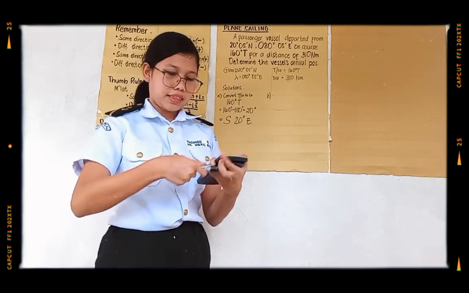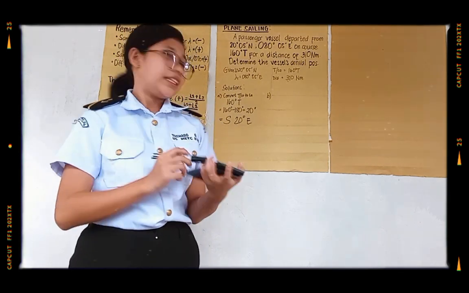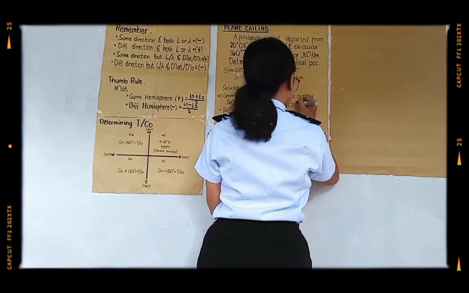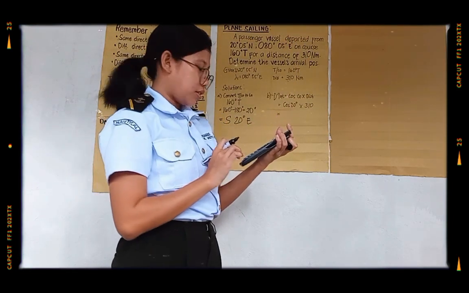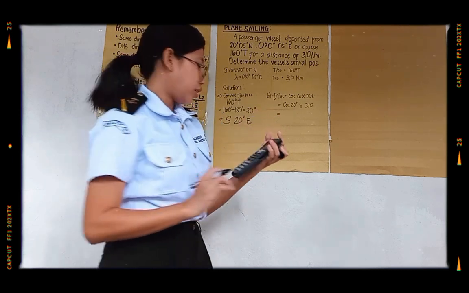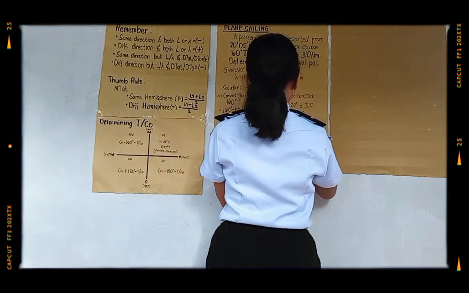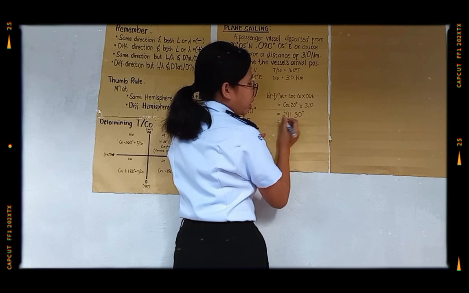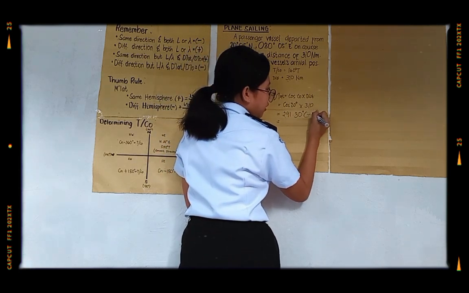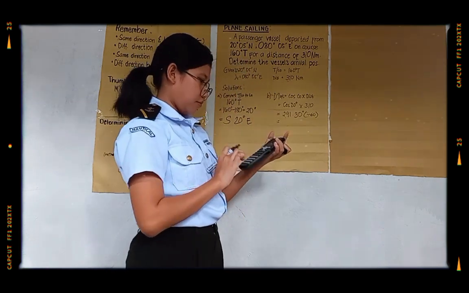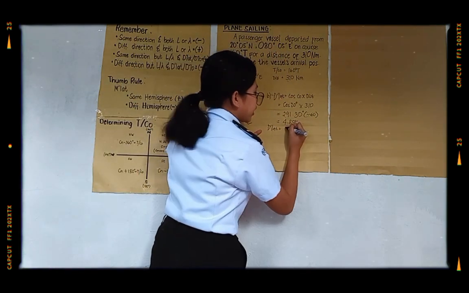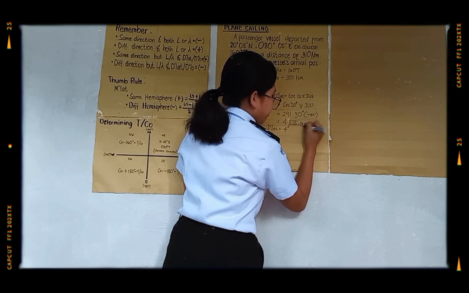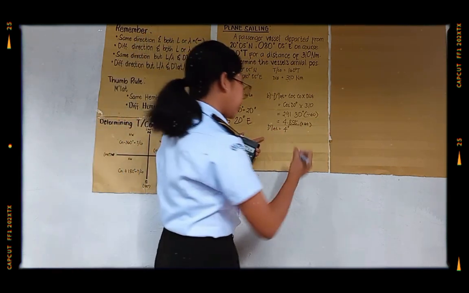Second, let's find the D lat, having a formula of D lat equals cos course times distance: cos 20 times 310 is equal to 291.30. So we need to convert this into degrees and minutes. 291.30 divided by 60, we have 4 degrees, multiply 0.855 by 60, we have 51.3.